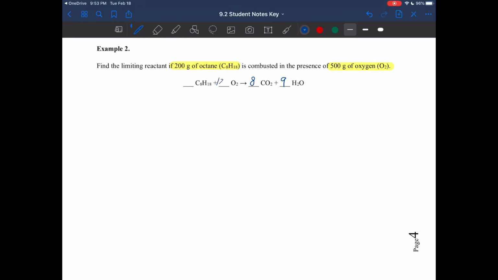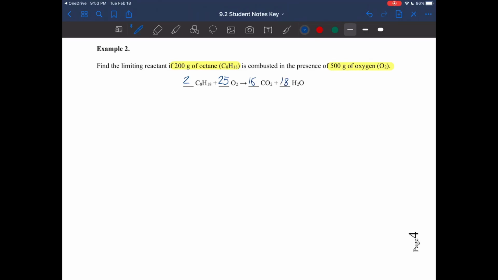So to balance that, we need like what, 12.5? Obviously, we can't have 12.5, so I'm going to multiply every single coefficient by 2. So that's going to be 2, that's going to be 25, this is going to be 16, this is going to be 18. So that's how I would balance it.